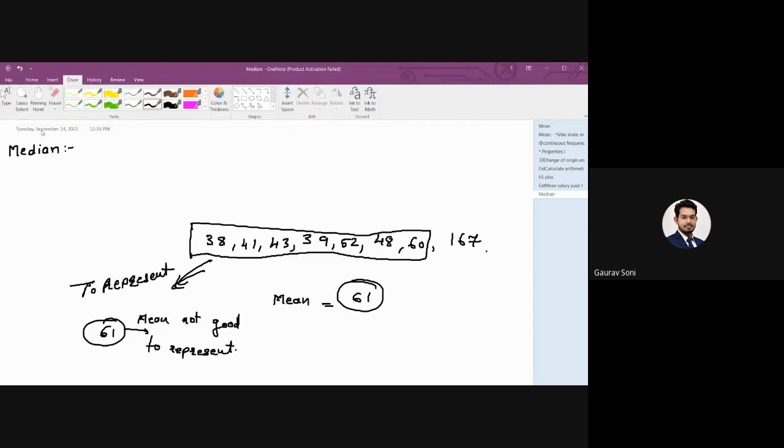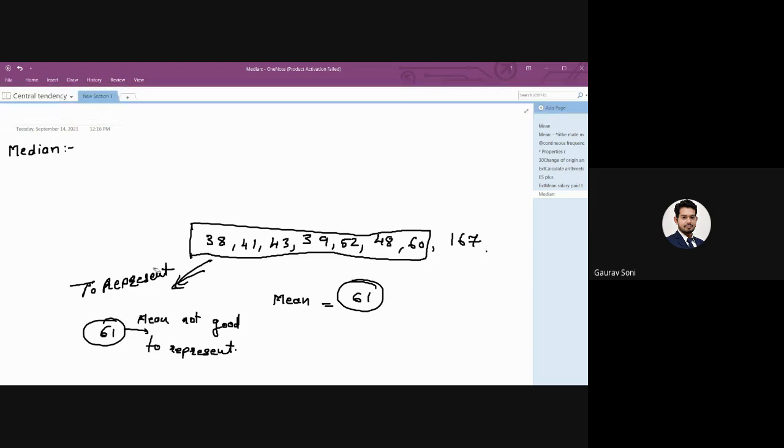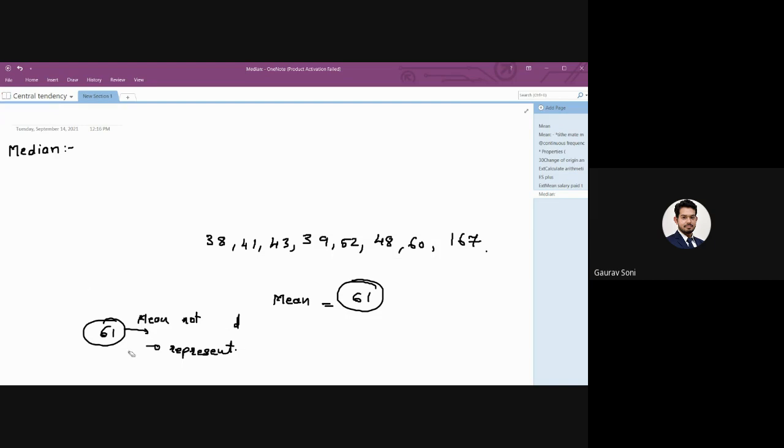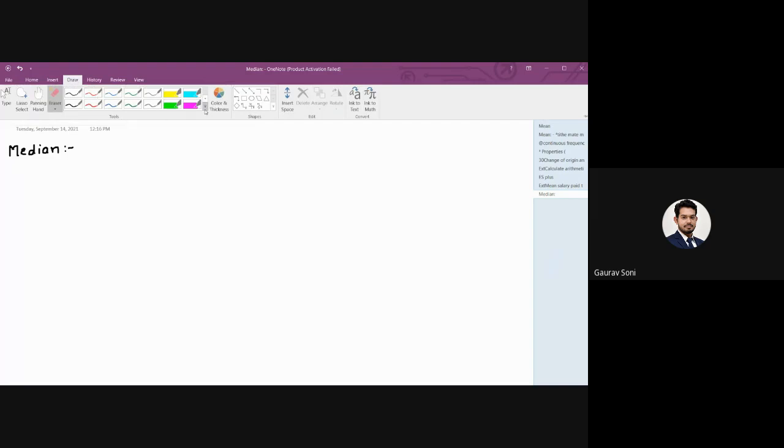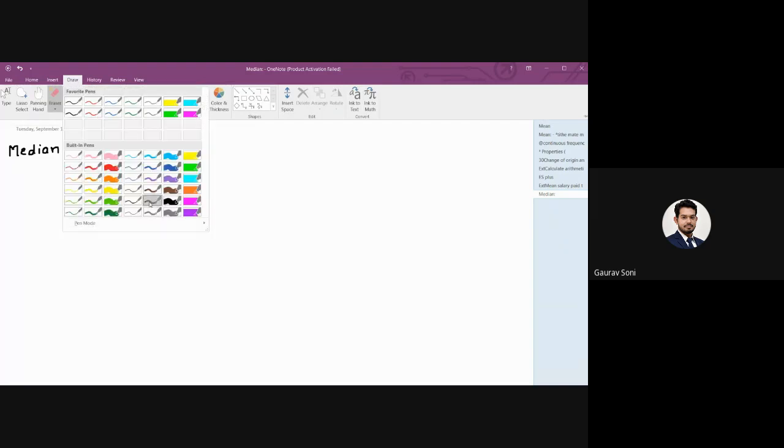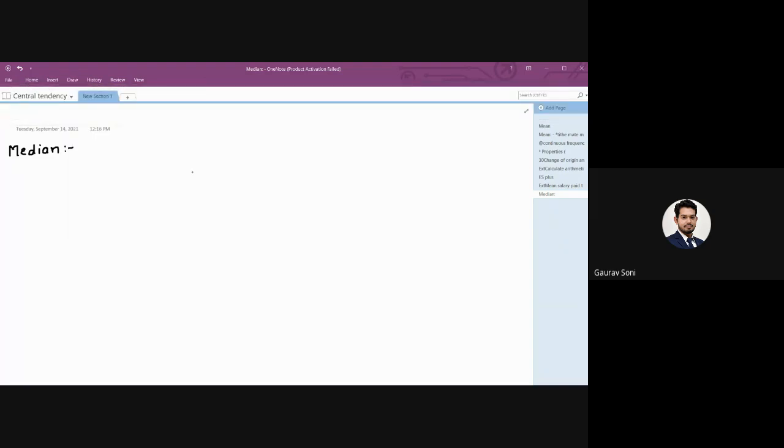So we need to shift to some other method to represent the data, and the other method is using the median. And as rightly said, median is nothing but the middlemost entry for the given data. Fine, so I'll write down the definition.